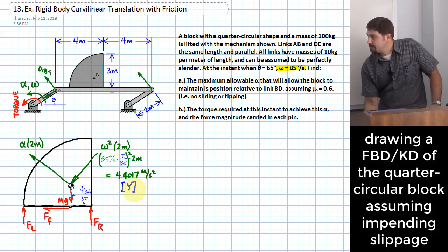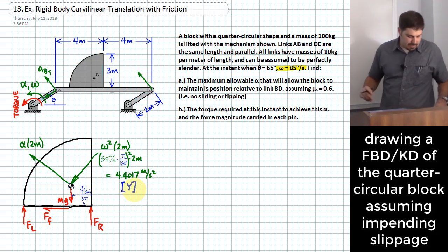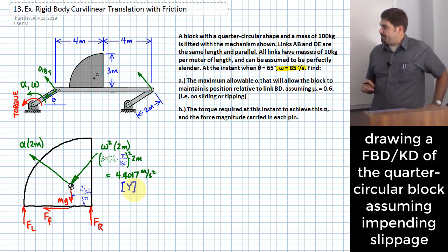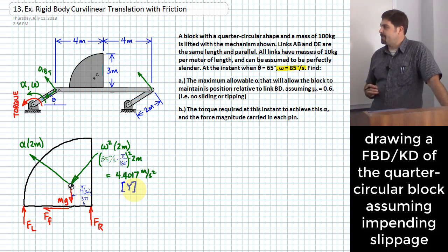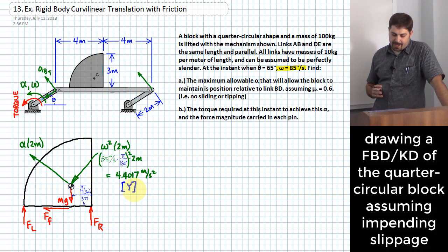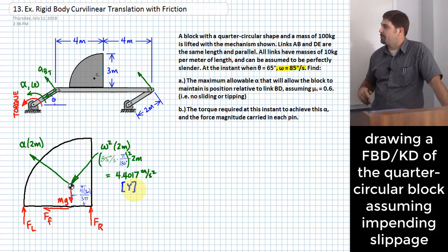All right. I kind of just took a minute there, and instead of working on the main root of the problem, I got that value calculated there. Now what should I do if I'm trying to figure out my alpha value, right? That's my first part of the problem: what's my maximum allowable alpha that I can apply and still have the block stay there.